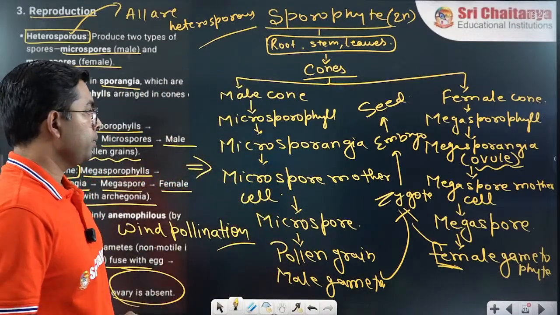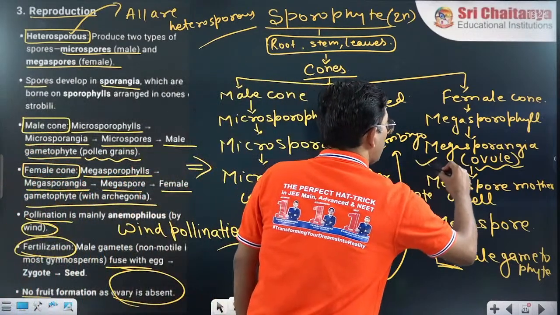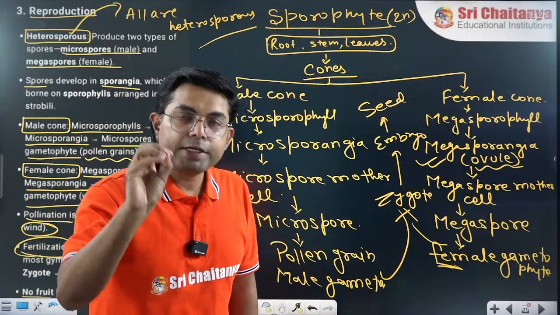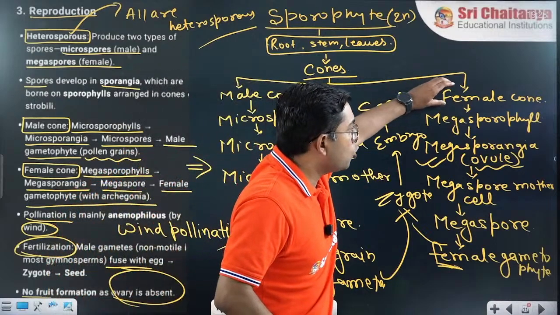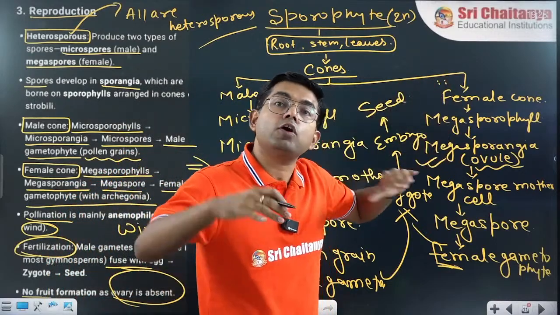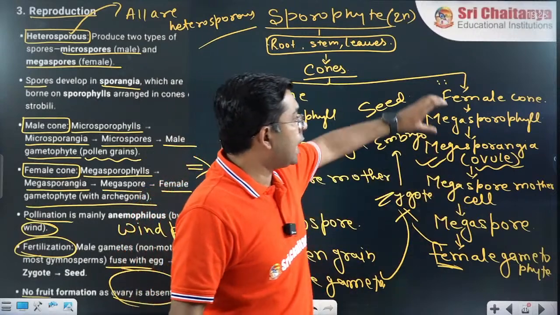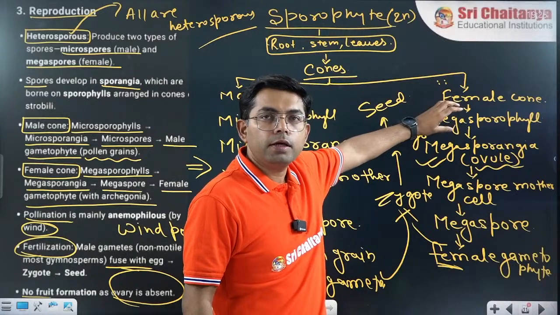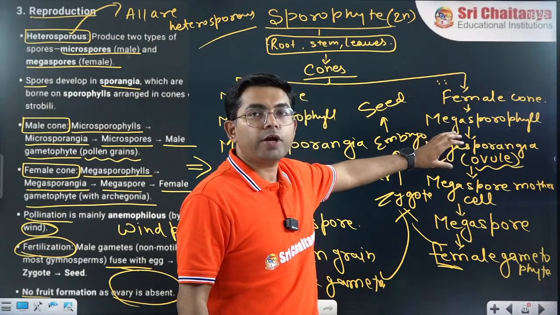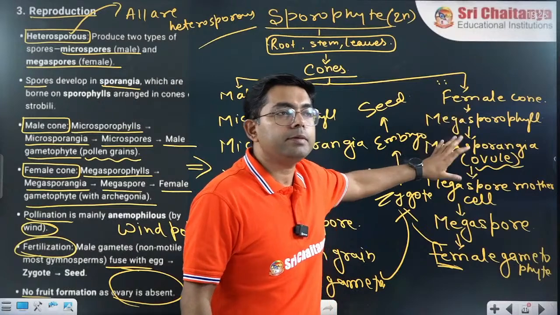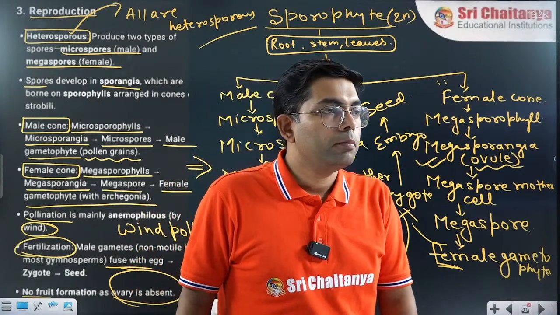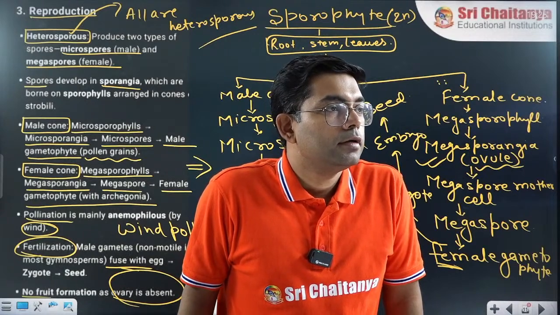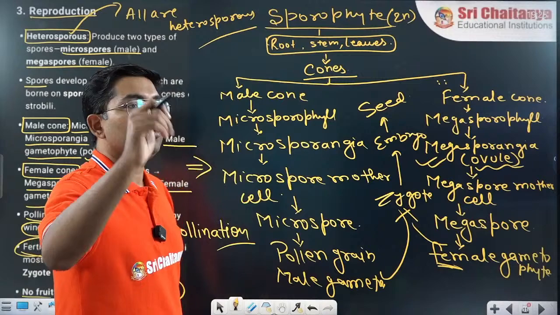One more thing, keep it in mind that inside the cone there can be several ovules, right? Inside one female cone there can be multiple megasporophylls, there can be multiple megasporangia, so there can be multiple ovules. Very good. Pinky, Durga, Jashwant, very good. So all of you are answering ovule.